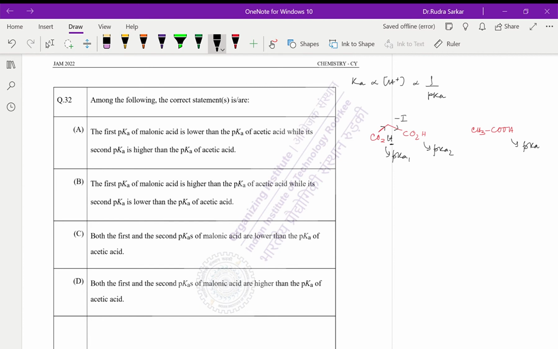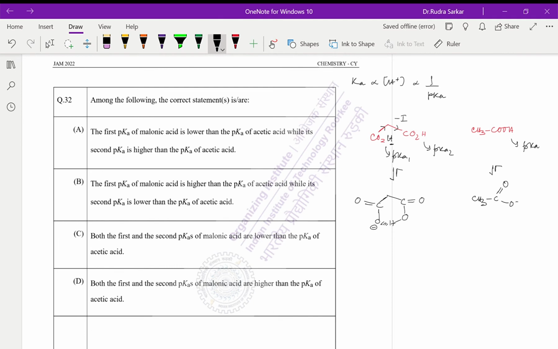And if it is released, then one can think of a stabilization of the conjugate base, that is the anion part, by a hydrogen bonding like that, which is going to be absent in case of the acetic acid.